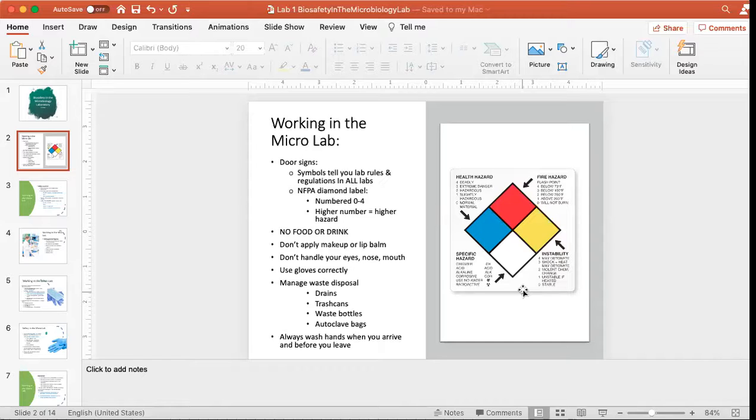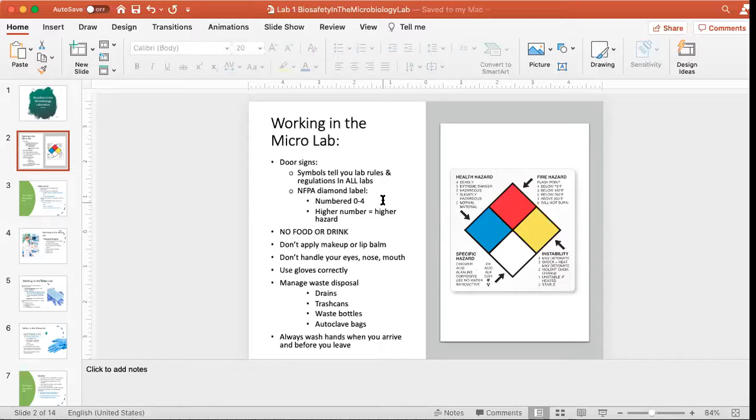In fact, there are many lab spaces that you would not be able to just walk into without the right credentials. So the way that this diamond appears on the door is there will be numbers in each one of these boxes. And those numbers range from 0 to 4, with 0 being the lowest level of hazard and 4 being the highest level of hazard.